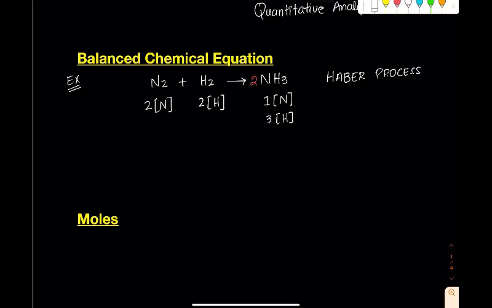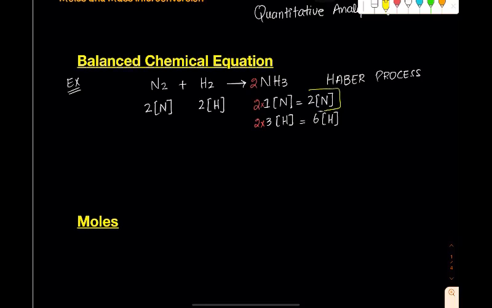Now we will have 2 nitrogens and 6 hydrogens, so we have 2 nitrogen atoms and 6 hydrogen atoms here. Now the nitrogen is balanced on each side.